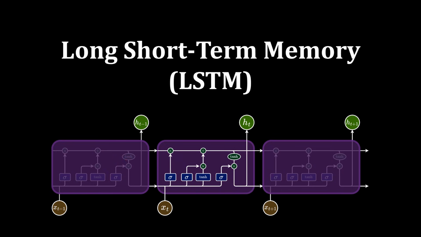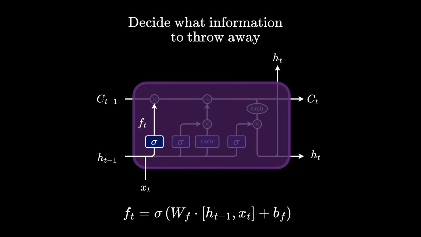Now let's go step by step inside the block. So the first thing we should decide is what information we should throw away. To do that, we take xt, the current input, and ht minus 1, the previous hidden state, and we combine them, as you can see here.